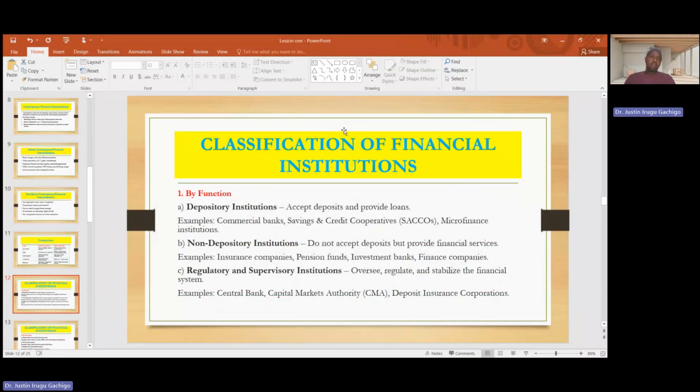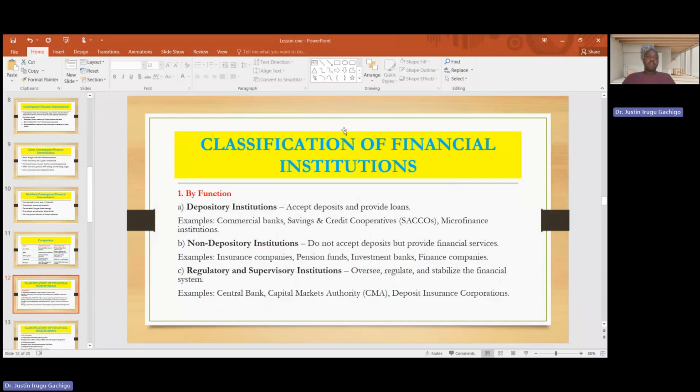So by the function, we look at the depository institution, and this depository institution, they accept deposit and provide loan. Examples, we have the commercial banks, saving and credit cooperative societies, we have microfinance institutions. So this institution, they accept the deposit from depositors or savers and provide loans to the borrowers.